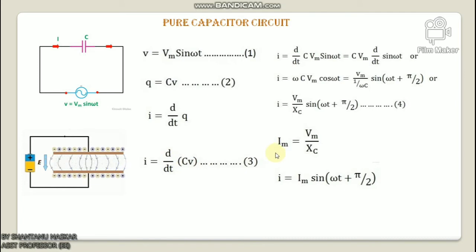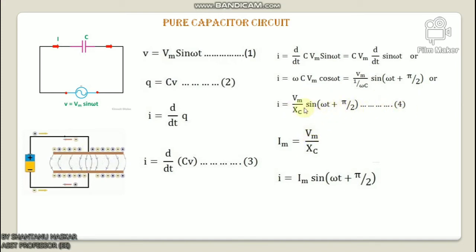Now putting the value of V from equation 1, we get I equals d by dt of C Vm sin omega t, which is C Vm d by dt of sin omega t, so I equals omega C Vm cos omega t. We differentiate with respect to time, which equals Vm by 1 by omega C sin omega t plus pi by 2, or I equals Vm by Xc sin omega t plus pi by 2, equation 4.